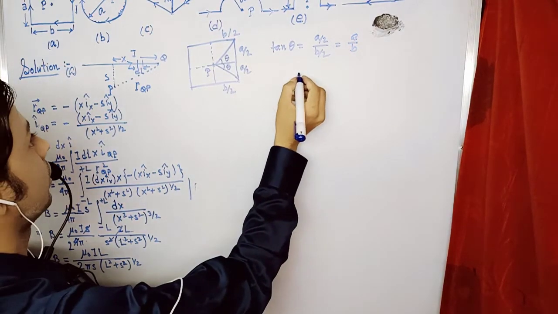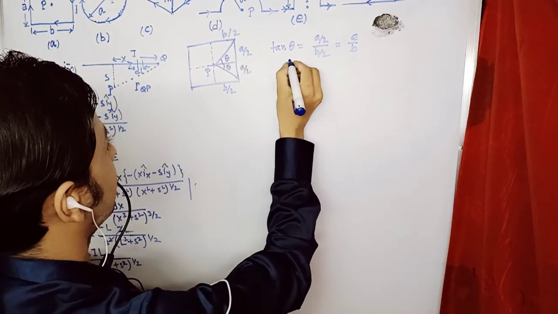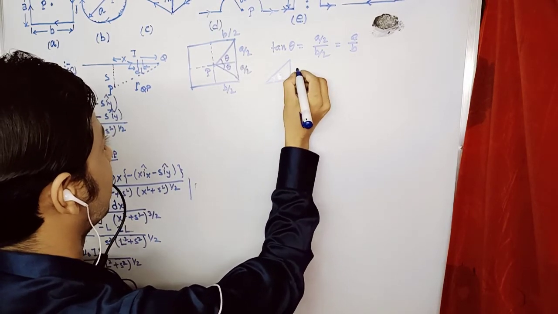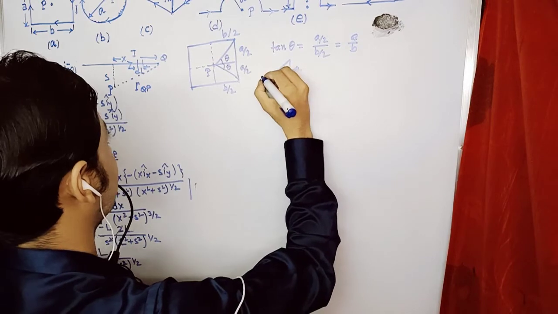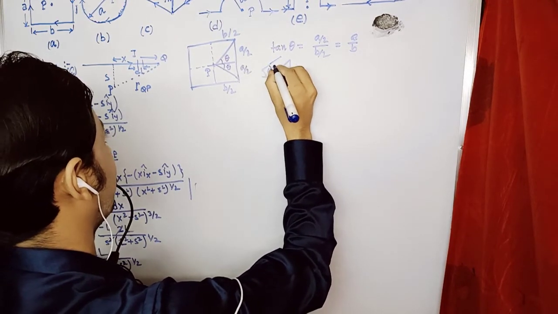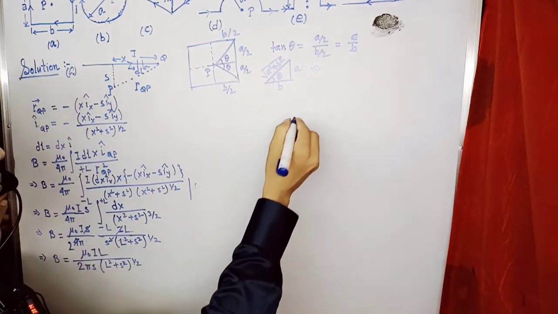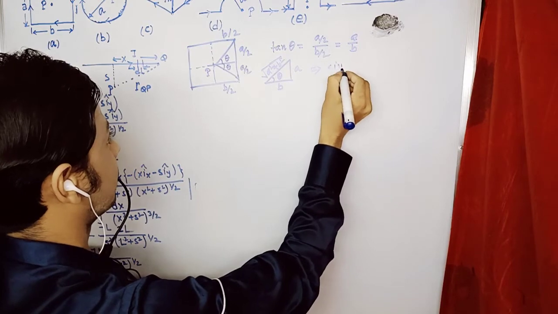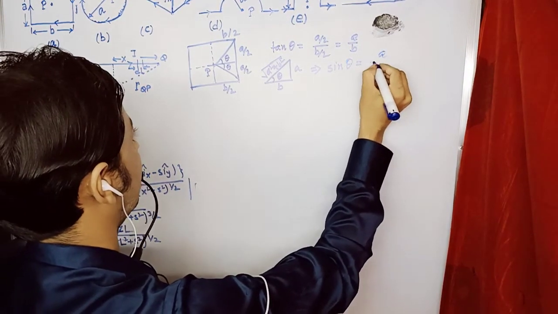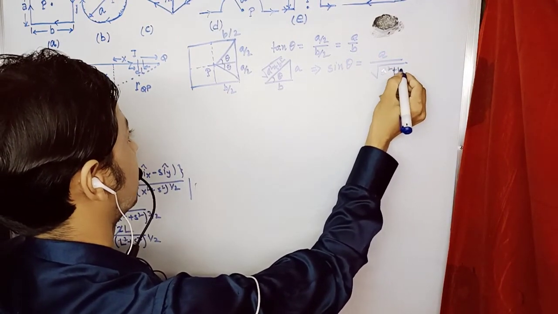So if tan theta is equal to a by b, let this angle be theta, this is a, this is b, so the length of the hypotenuse is equal to under root a square plus b square. From this diagram we can write sin theta is equal to a divided by under root a square plus b square.